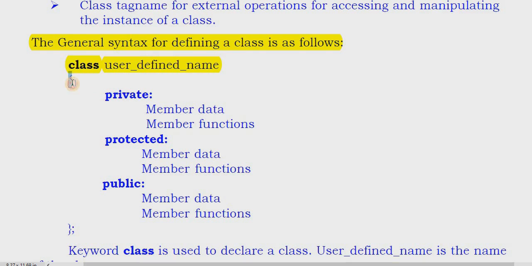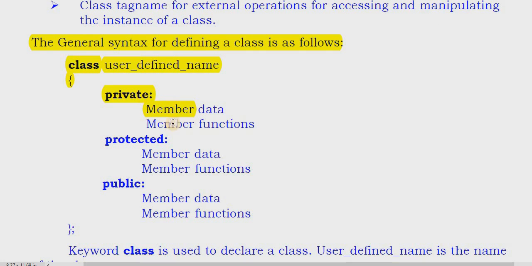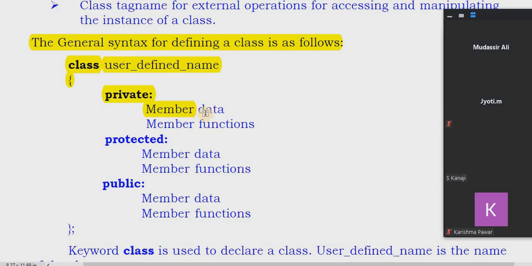Then open flower bracket. Then here we have to use private member data.